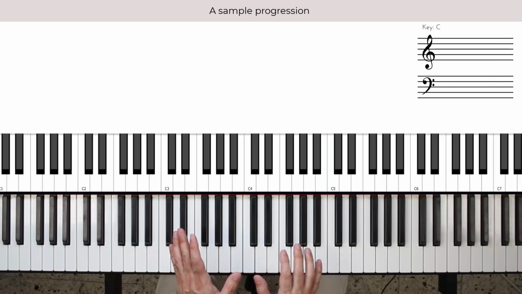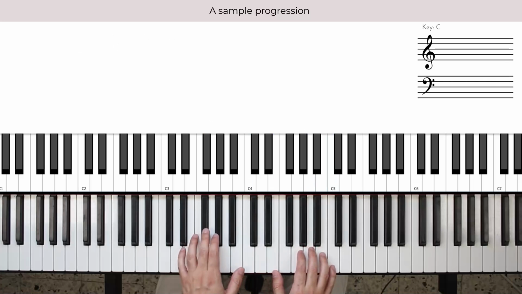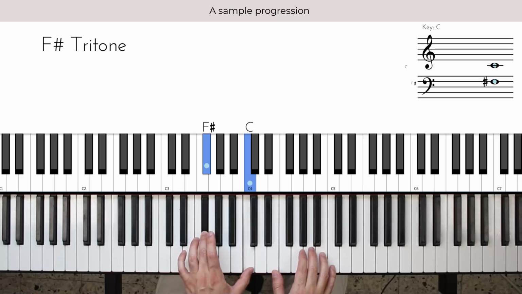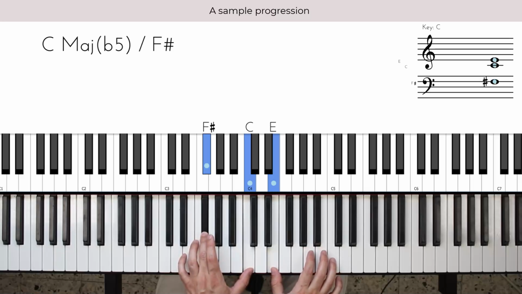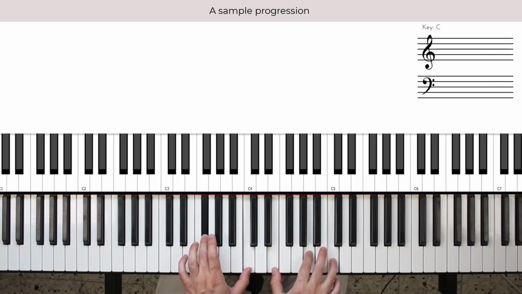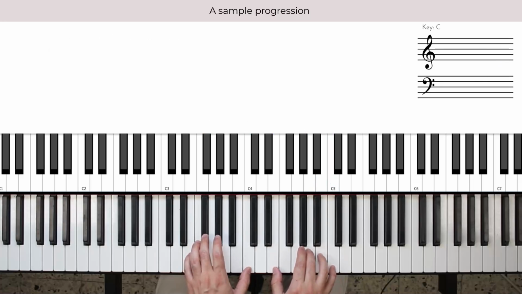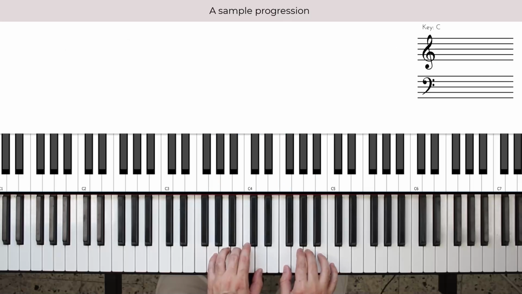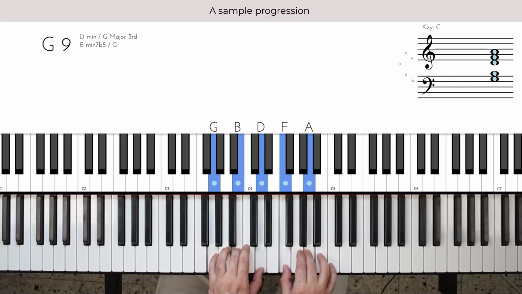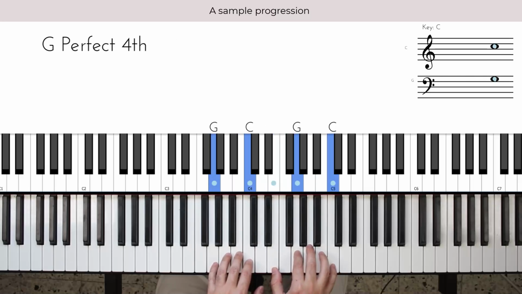As you remember, we really only need to play the 3rd, 7th, and 9th degrees, and I double the 7th here, and I also add the 5th. So this would be my D dominant ninth, and G dominant ninth, and C.